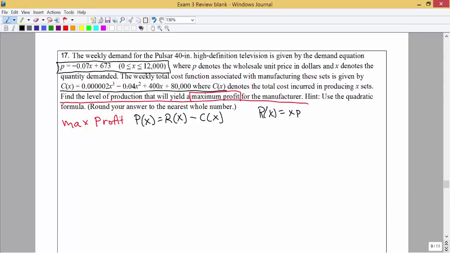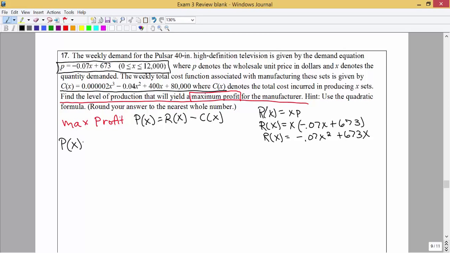So this gives us the price. We're going to multiply it by the quantity. So the revenue function will be x times p. So we're going to take that demand function and multiply it by x. So the revenue function is negative 0.07x squared plus 673x.